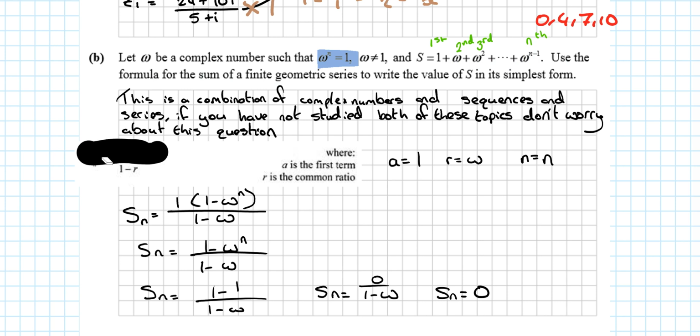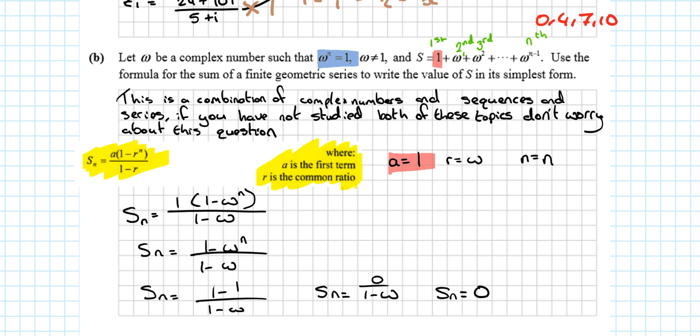A finite geometric series is here in the log tables, where we know a is equal to the first term. Well, a is then 1, our first term. I said first above it, second above omega, third above omega squared, and compare the powers, 3 and 2, 2 and 1.